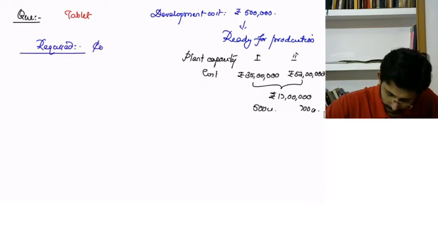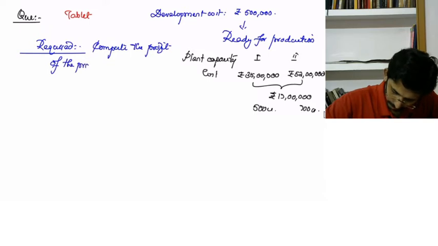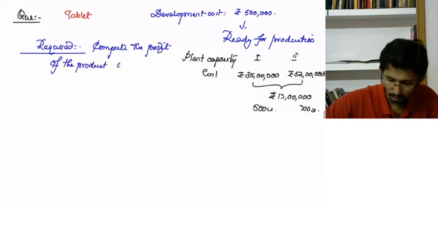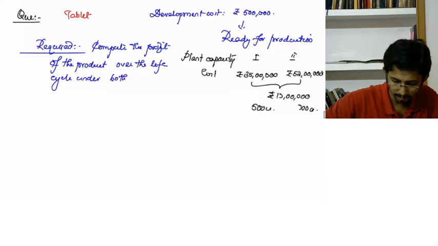Compute the profit of the product over the life cycle under both the options.